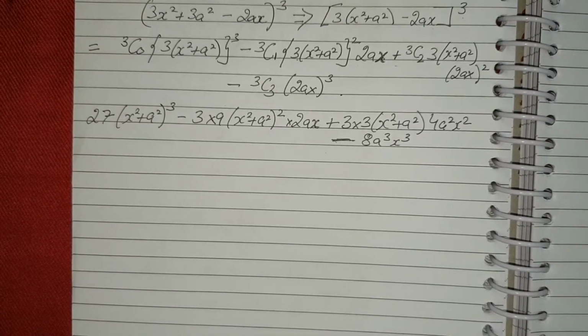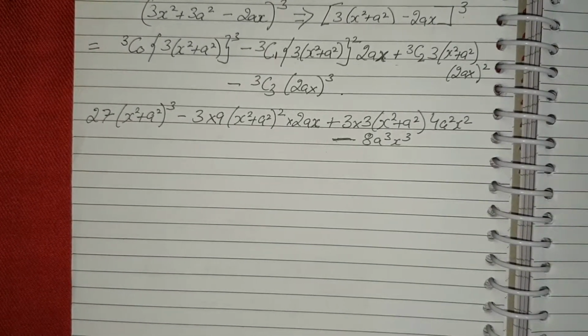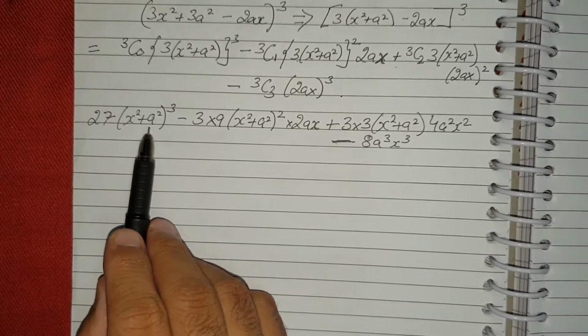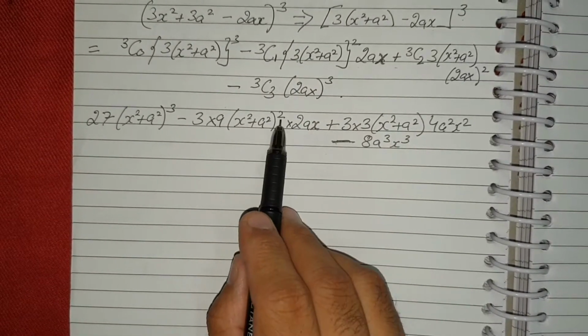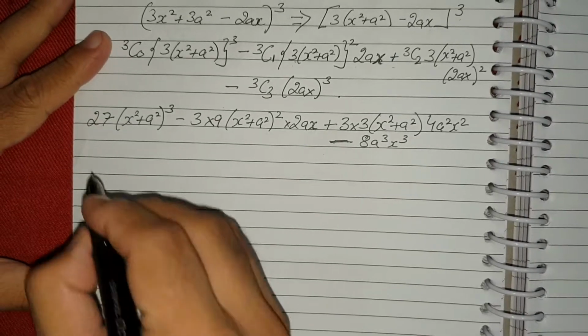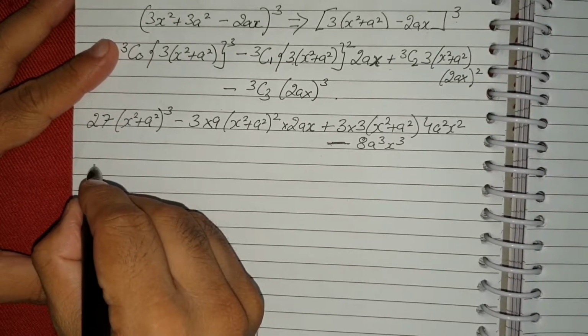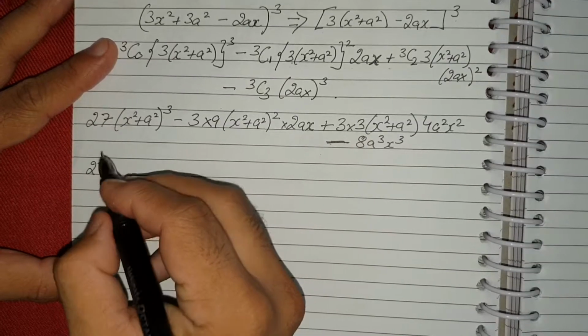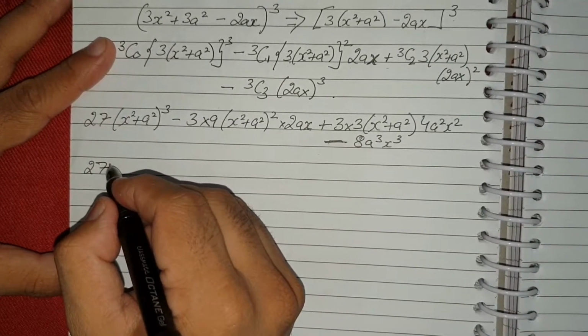Okay. Now we have to open (x square plus a square) whole cube and (x square plus a square) whole square, using that same binomial thing. This is 27.